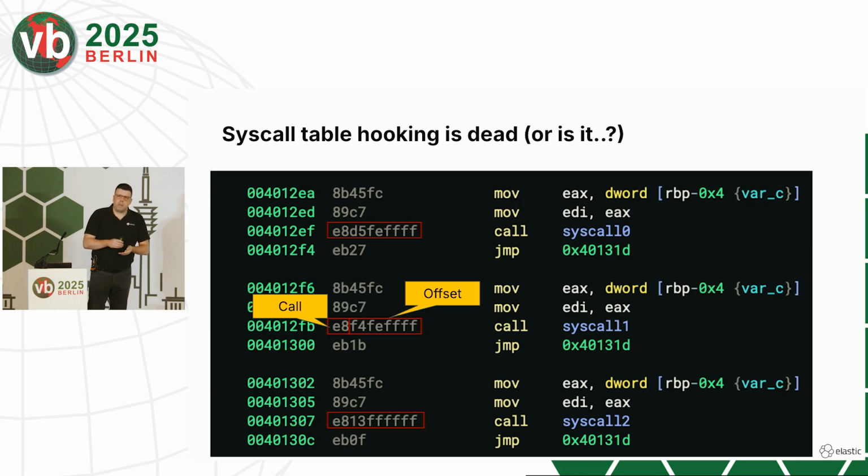Now, it turns out, if you look at a function with a switch statement, and you look for E8 bytes, followed by a specific instruction, followed by a specific offset, that is quite unique. Within an entire function, that only appears once if you're looking for a specific function. And that gave me an idea to think, hey, if I can do that, maybe I can replace that offset with a function that I wrote and basically hook the syscall table again. And that's exactly what I did.